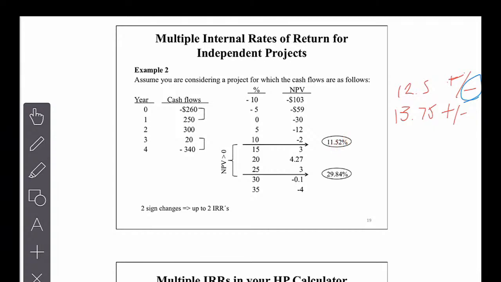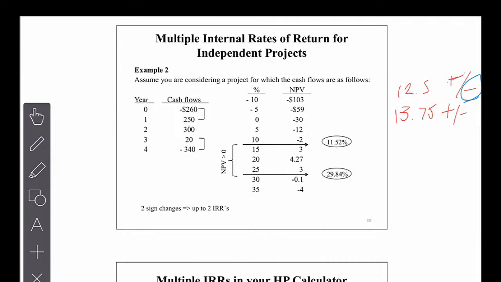So which one did you guys get? 11.52 or 29.84? Okay, so you guys are getting 11.52.